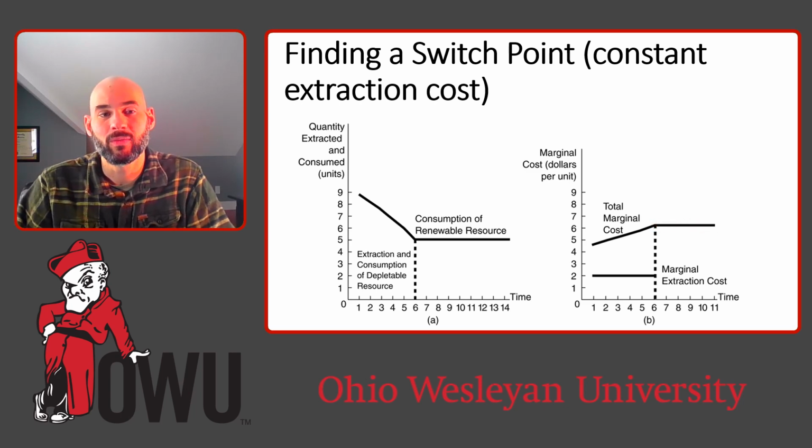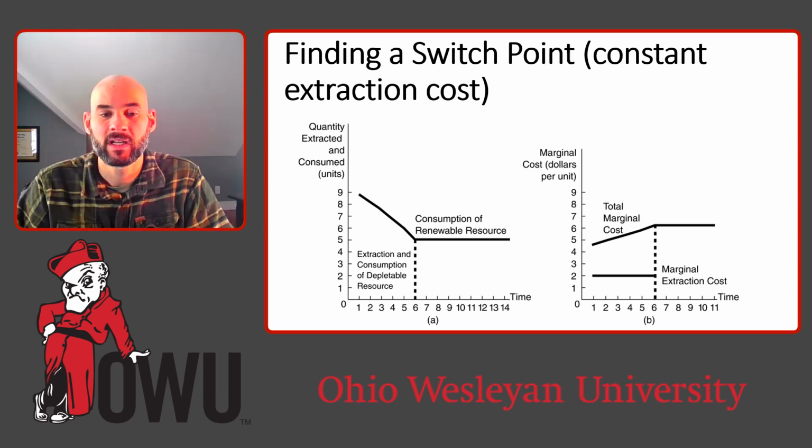Similarly, we'll look at how much of that resource we can consume over time. In the initial time periods, we're consuming high amounts of the non-renewable resource until eventually we hit that switch point, which is identified in graph B, and we make the conversion over to a constant stream of renewable resource extraction.